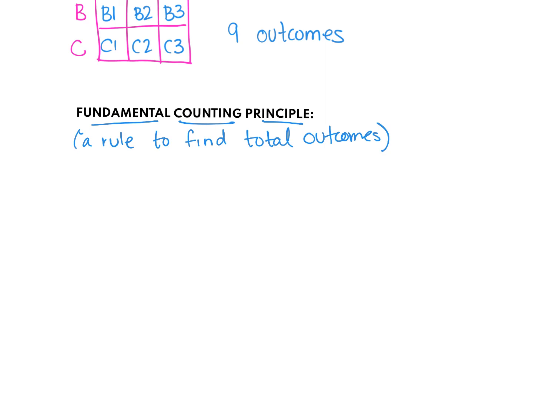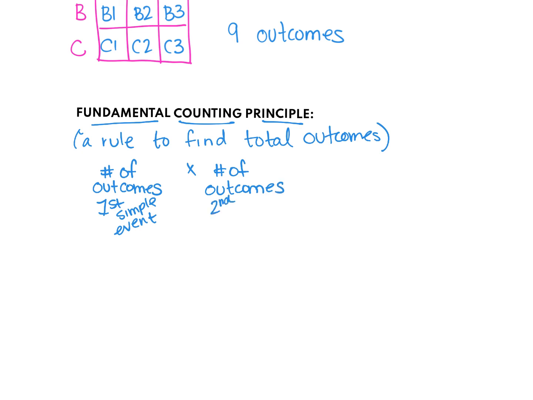The way that we do this is we take the number of outcomes of the first simple event and then we're going to multiply that by the number of outcomes in the second simple event, and so on and so forth. If you have more than 2 events, then you keep multiplying. And when you do that, that's going to give you the total.